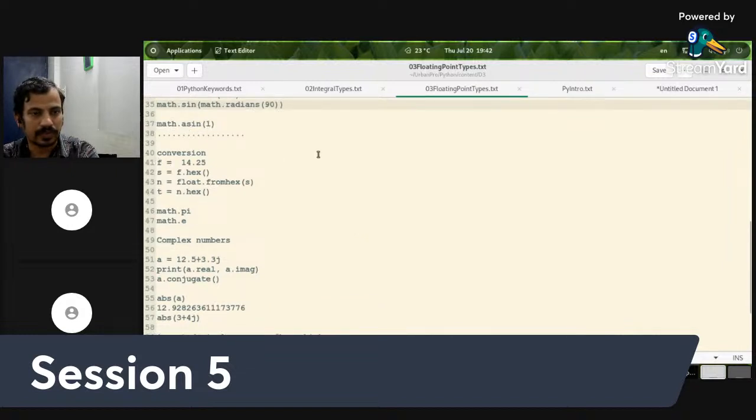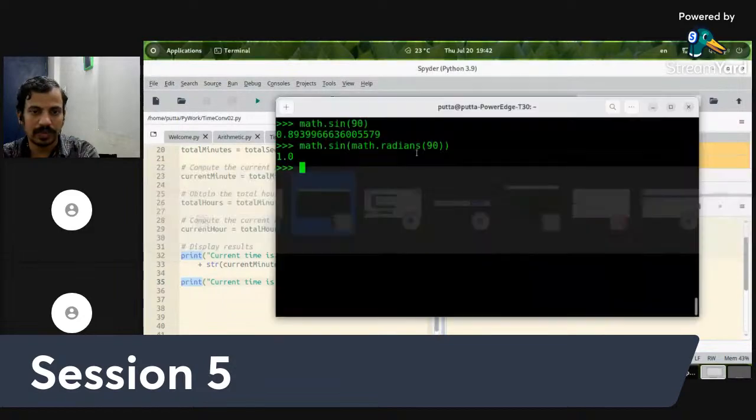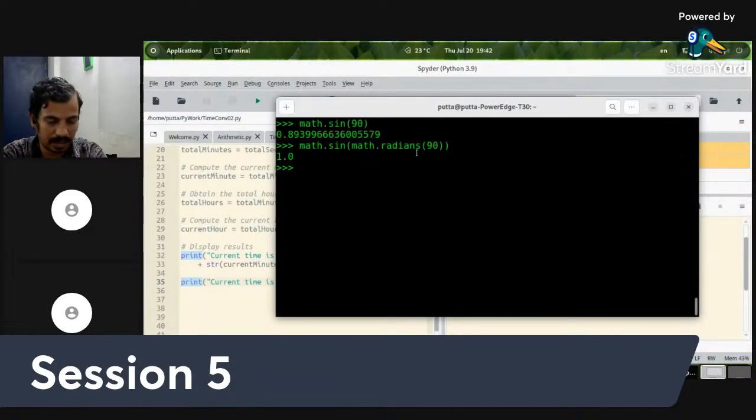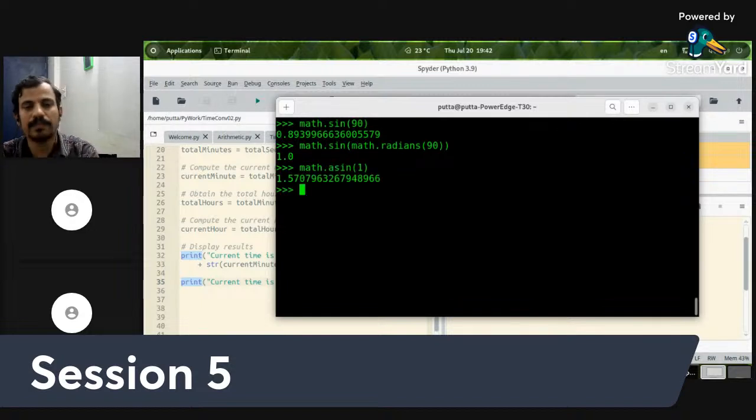Next, I want to find out the sine inverse and display the result.